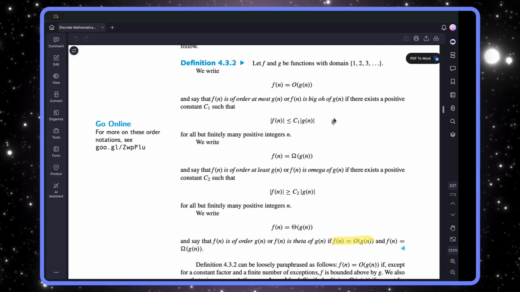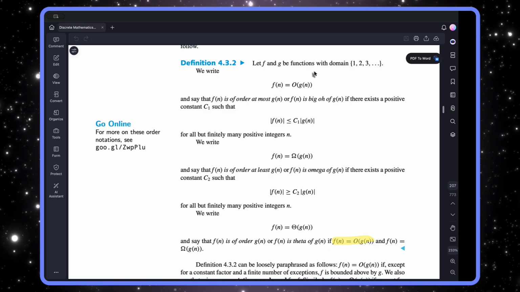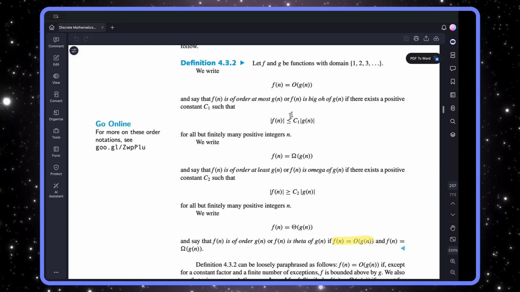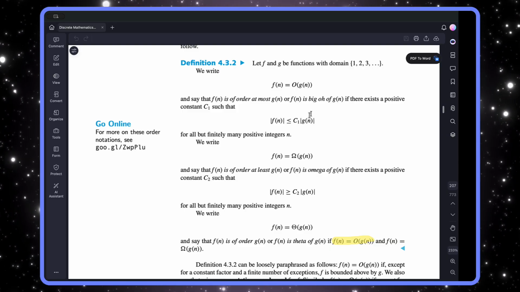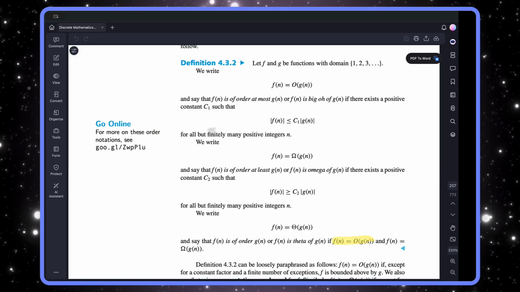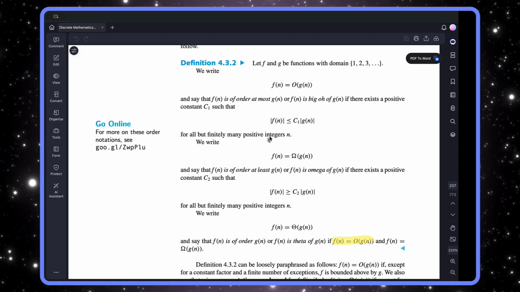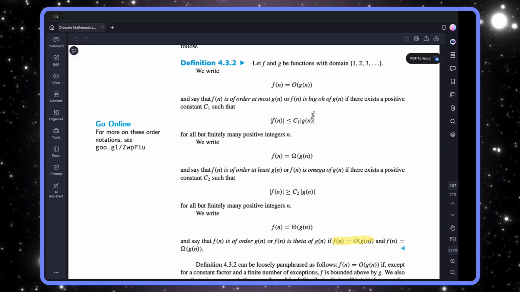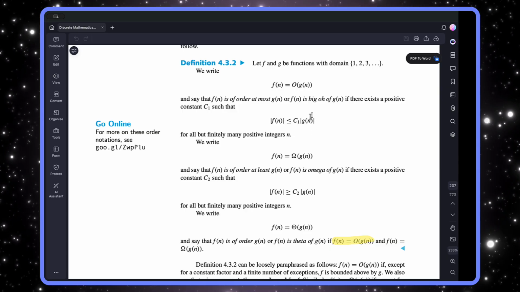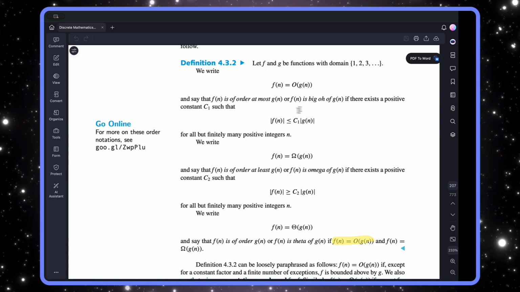Essentially, you can read it as well as I can, but it says that f of n is bounded by some constant times the absolute value of g of n, for all but a finite number of positive integers, okay? So that means eventually, a good way to think of this is that some constant times the absolute value of g of n is actually larger than f of n.